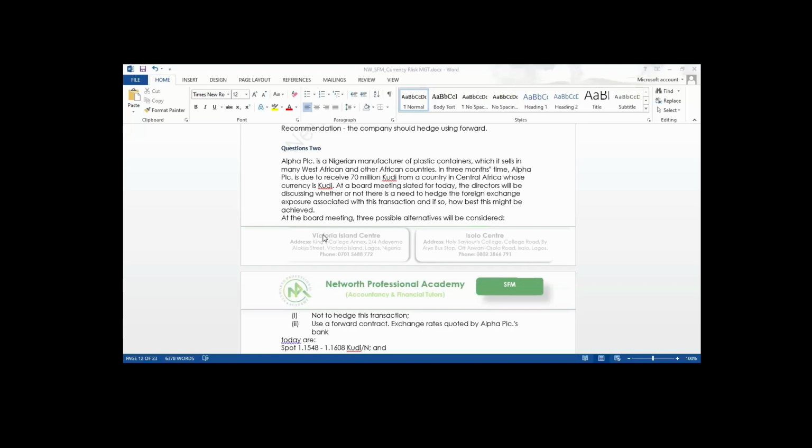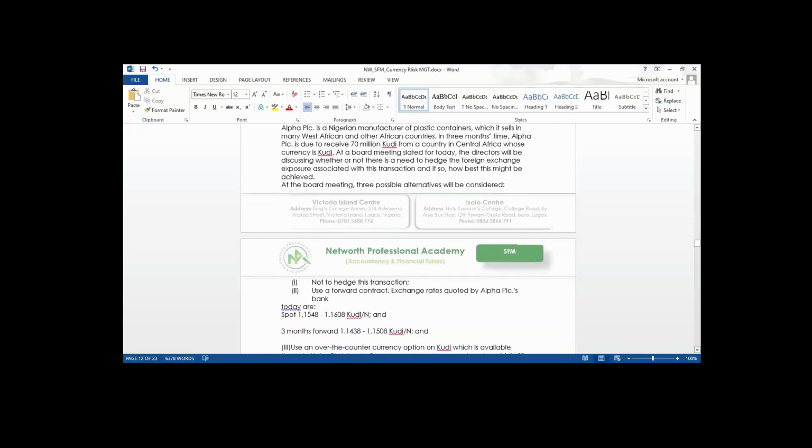At the board meeting, 3 possible alternatives will be considered. Alternative 1, not to hedge this transaction. That is, do nothing. Alternative 2, use a forward contract.